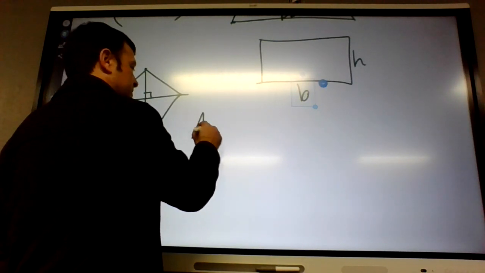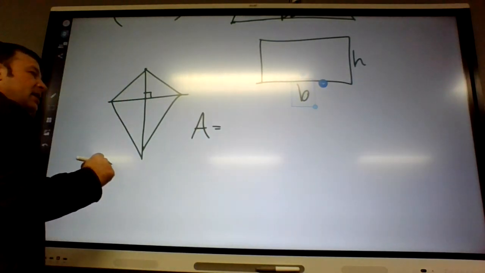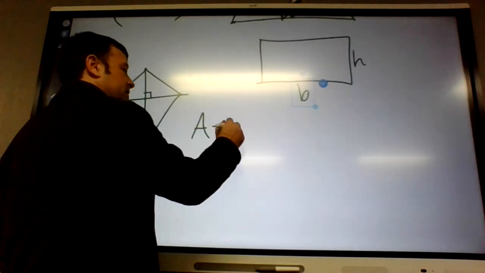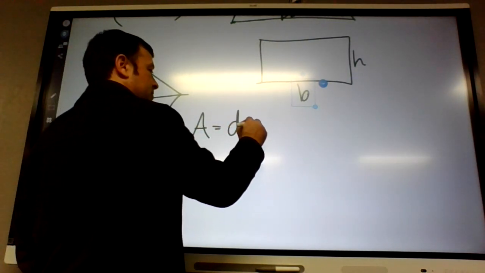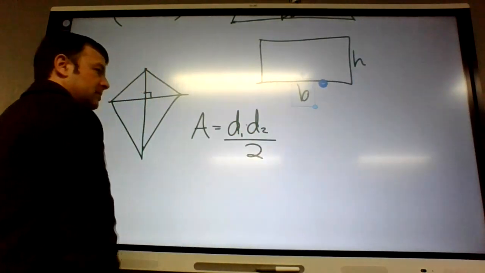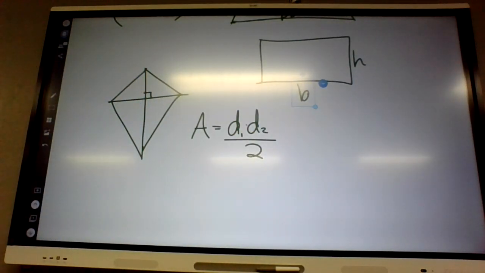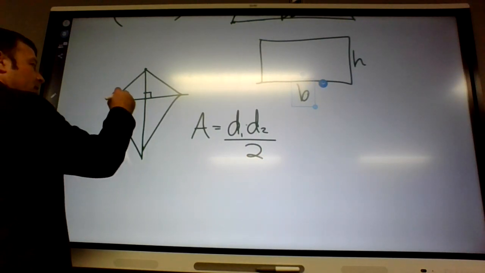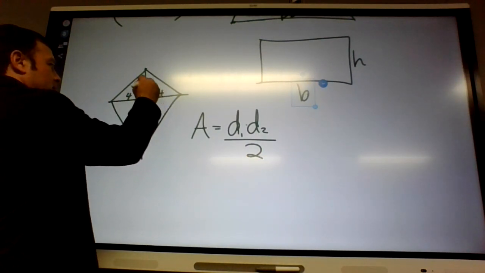They didn't tell us. But it turns out that the area of a kite is always diagonal times diagonal divided by 2.